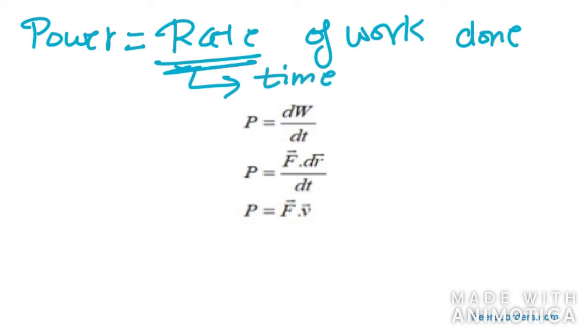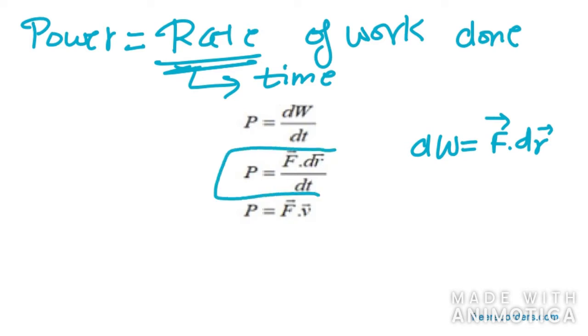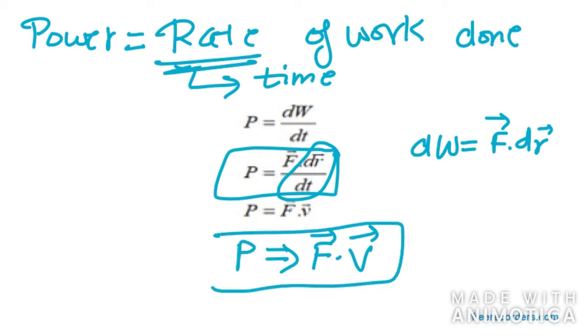So you can see that we have del W over del T. Now you know that del W can be written as F dot dr, so I will replace this with F dot dr, as you can see in the second one. In the third one, why is it written as v here? Because del r over del t is nothing but velocity, so it is F dot v. So either you can define it like this or like this.